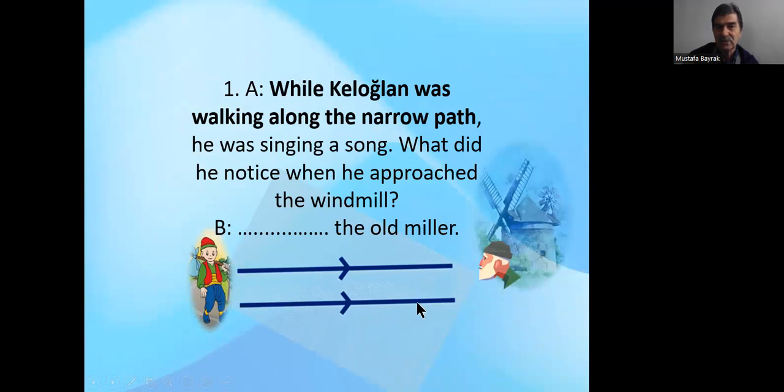This is the second action, okay? He was singing a song. But what happened here, for example, at a definite point, at a certain point, when he approached, he noticed the old miller. Okay.